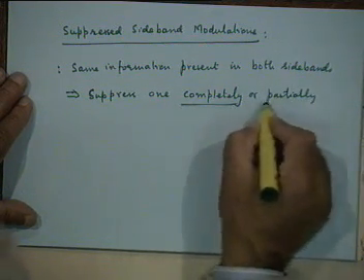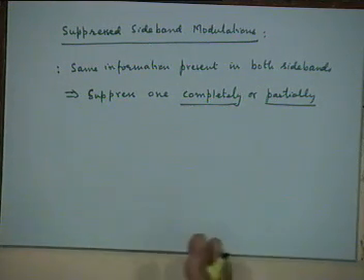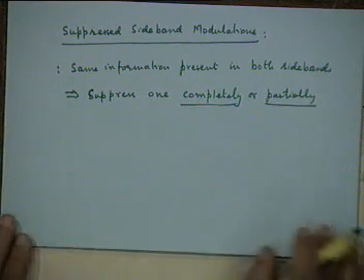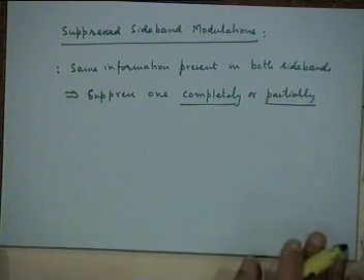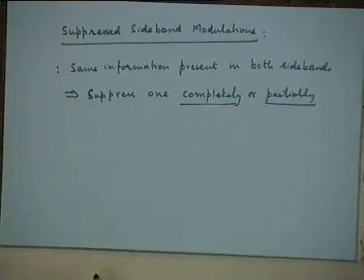Now, why I'm giving these two options is because there are pros and cons of each of them. At times it does make sense to talk of suppressing one of the sidebands completely. At times it does not. But if you still want to save on bandwidth, we'll say, okay, if you can't suppress it completely, can we suppress it at least partially so that we can save some bandwidth? We'll see examples of both situations as we go along.